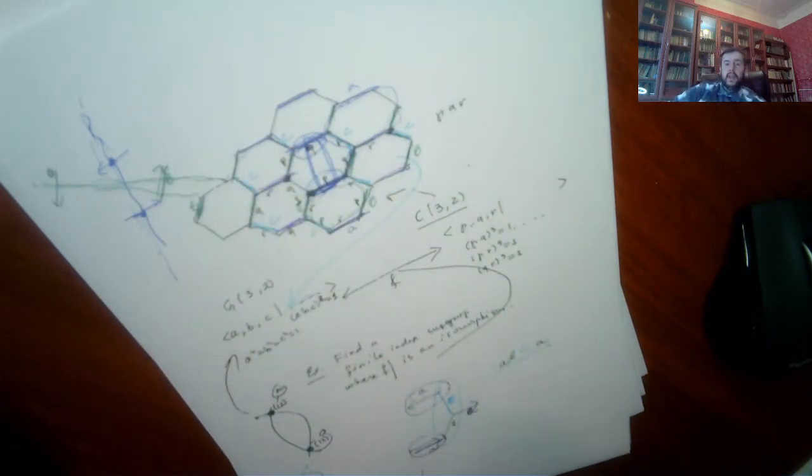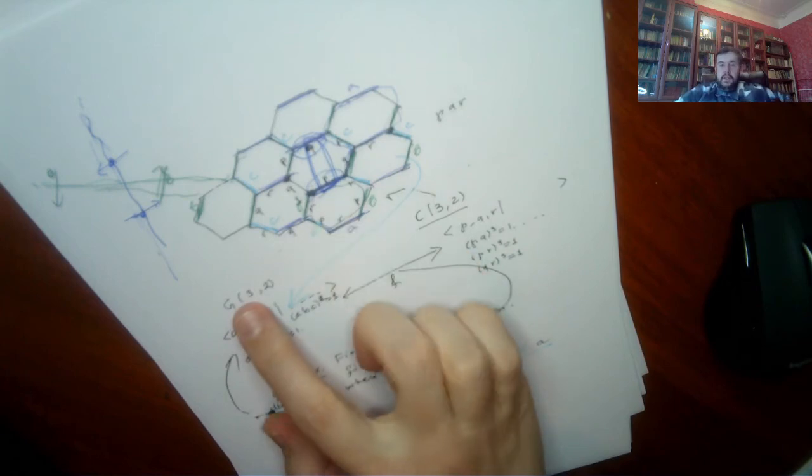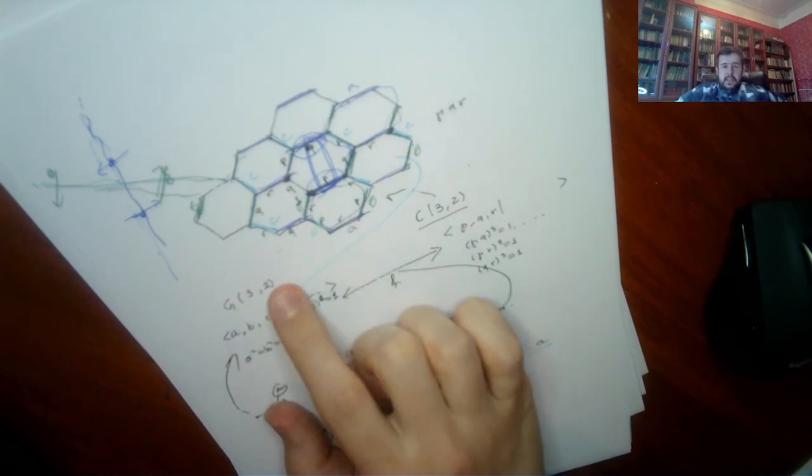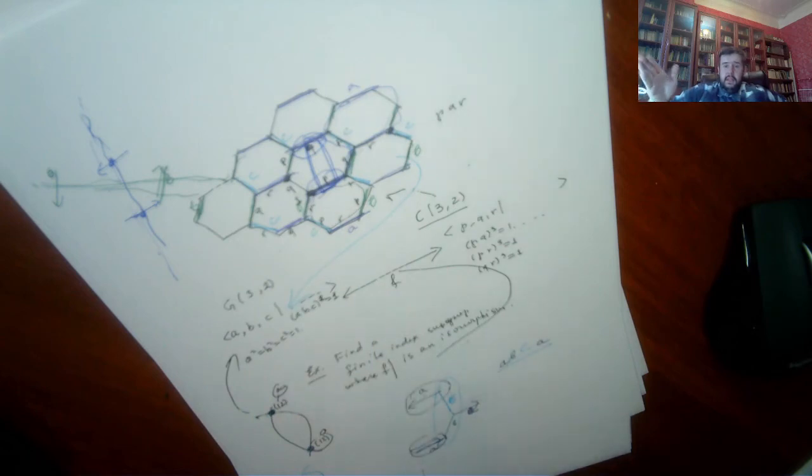So you see, for the presentation of G32, we see possible cancellations. Possible cancellations, for example, for the letter A, they correspond to edges with the same slope. I mean, here with horizontal edges, one is going forward and the other is going backward.